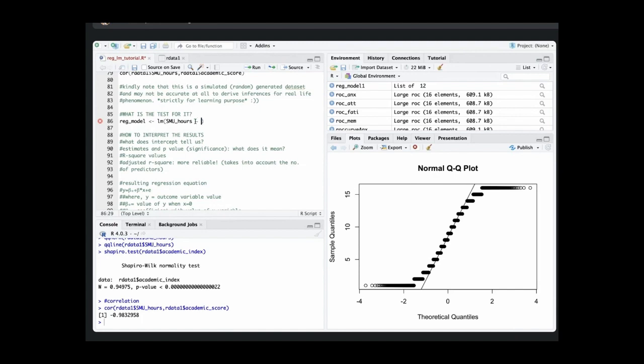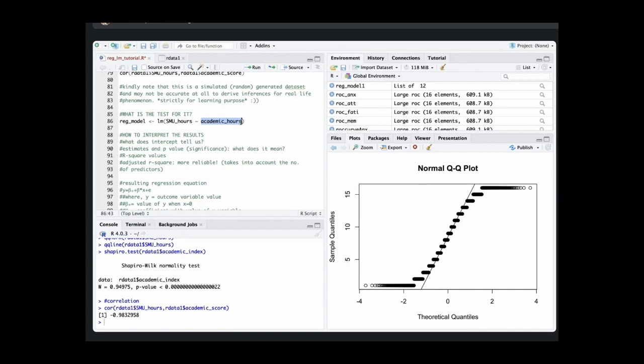We use this symbol to demarcate our formula. I'm going to finish my formula by stating the variable academic hours. Your linear regression works on a particular formula where you specify your y, which is your outcome variable, the dependent variable, on the left hand side, followed by this symbol, and then your independent variable.